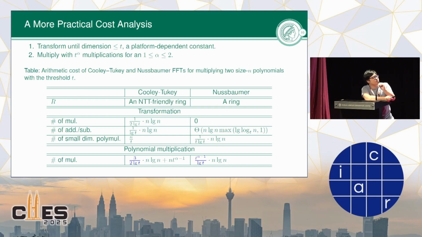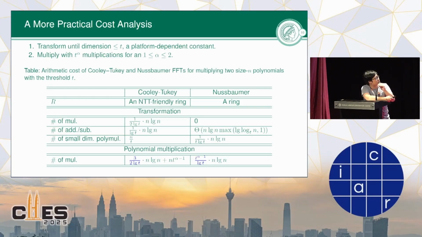In practice, we usually do not transform the polynomial rings into the smaller ones, and instead we usually stop earlier. This stopping criterion is usually platform dependent. Suppose we stop earlier once the dimension is less than or equal to t and switch to an asymptotically slower but concretely faster approach, and try to revise the actual cost analysis of the Cooley-Tukey and Nussbaumer approaches.